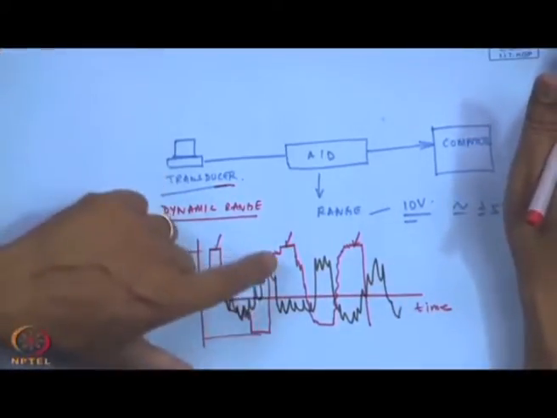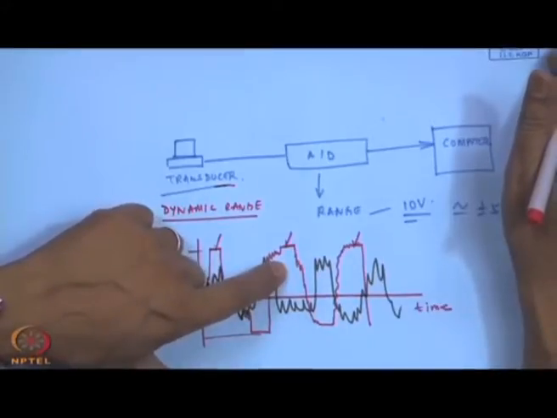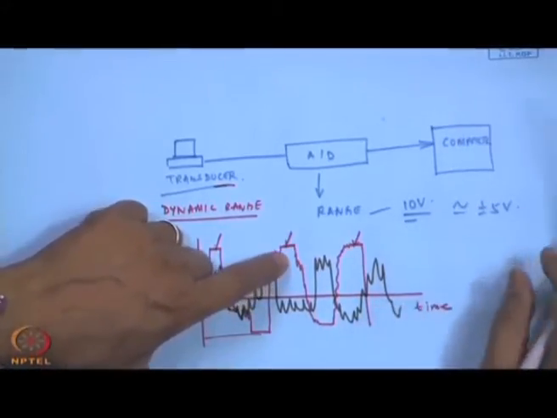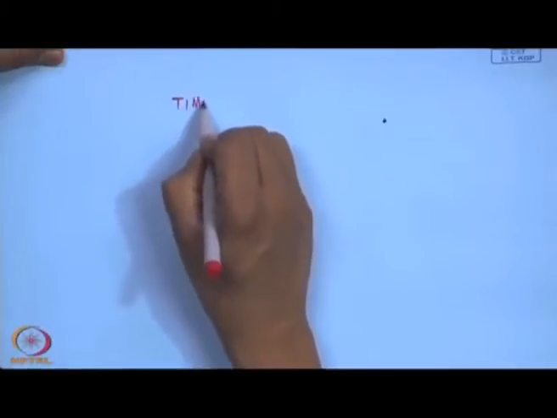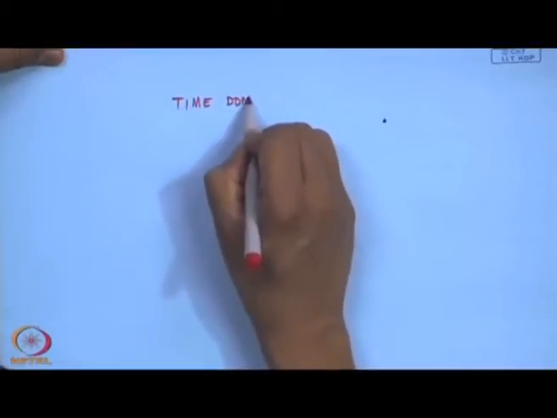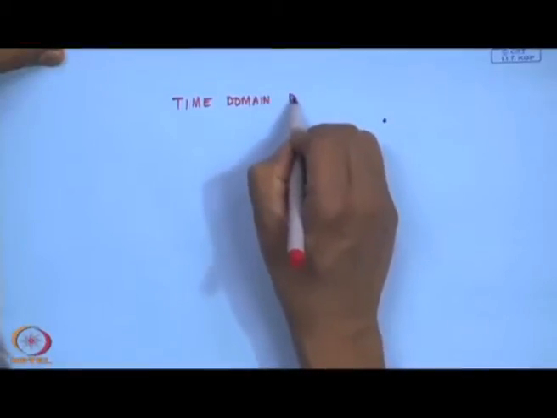So, looking by the physical nature of the signal characteristics, of course, how do I know in an automated system? It is not possible for anybody to look at a signal. So, we have to study the time domain features.